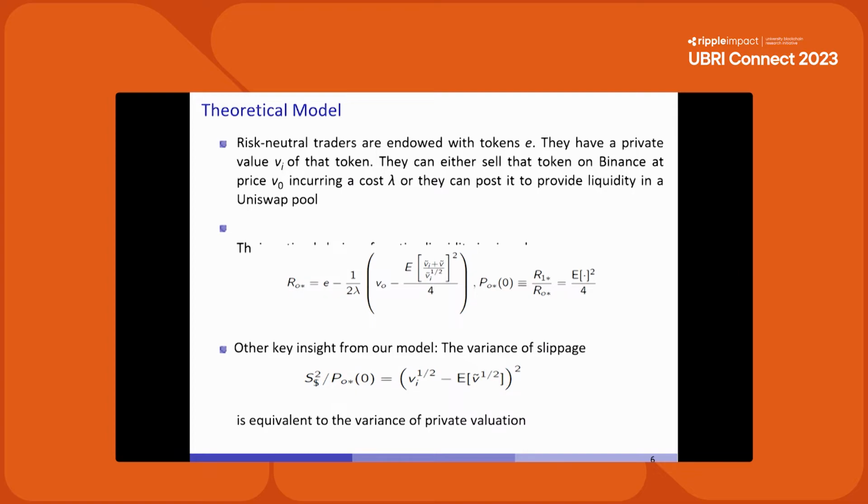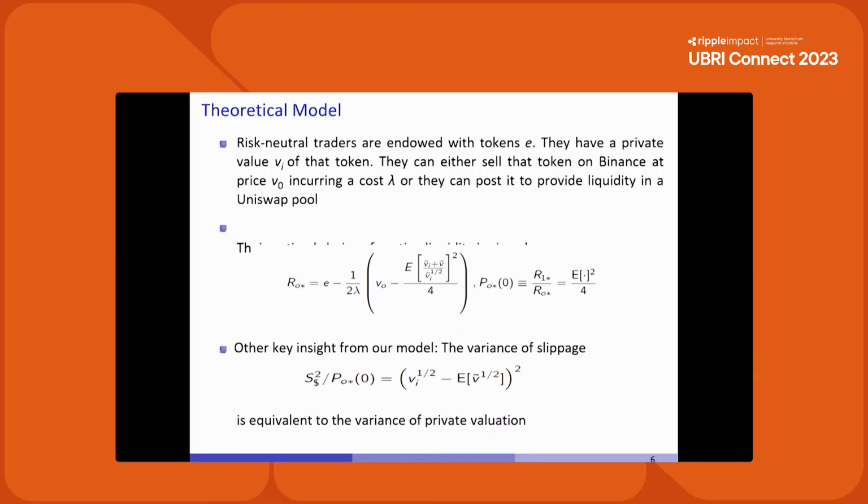So why would you not post liquidity on Uniswap? It will be if V0, which is the price on Binance, is higher than your private valuation. This expectation term is basically an average expectation of private values of everybody.